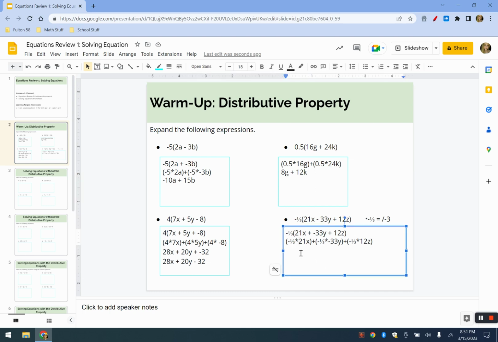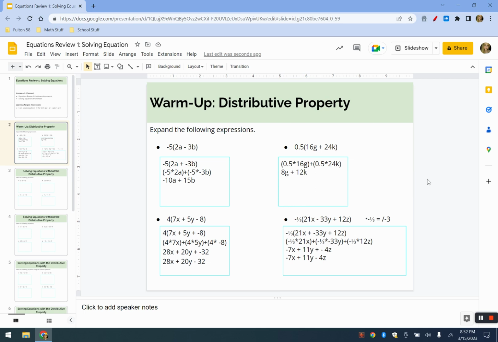So that is going to be negative 7x. Then negative 1/3 times negative 33y is positive 11y. And then negative 1/3 times 12z gives us negative 4z. So we end up with negative 7x plus 11y plus negative 4z, or negative 7x plus 11y minus 4z. Remember, these are the same.